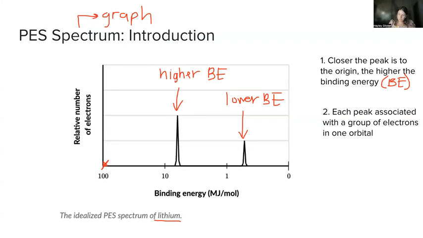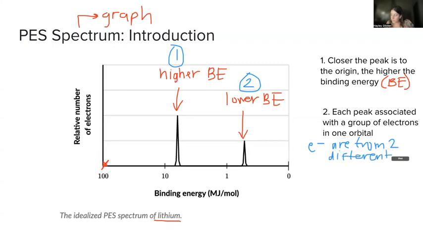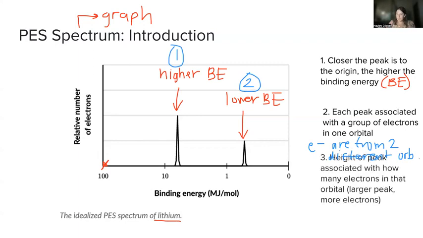So we have 2 different peaks here, and each represents electrons from a different orbital. Lastly, our relative intensity shows us that the height of the peak is associated with how many electrons are present.